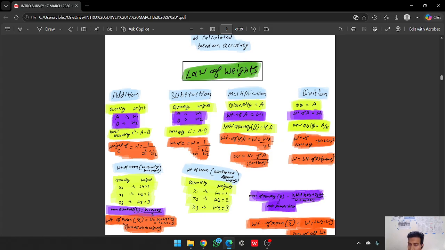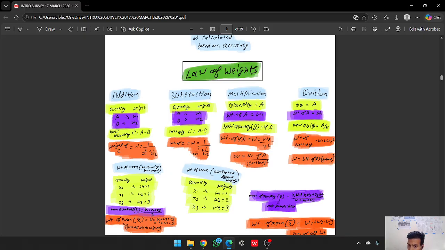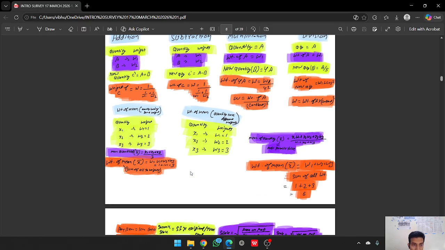In division the same thing happens, but we multiply by the constant squared. If W1 has a denominator constant 5, we multiply with 5 squared.